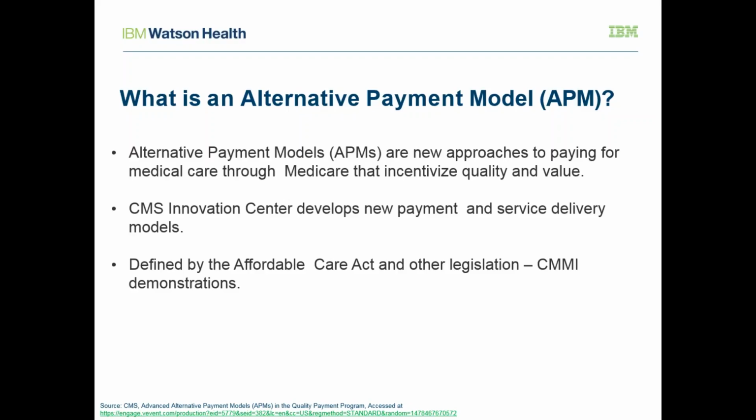Any of these programs have to be approved through the CMMI, the Innovation Center, and it also has to be defined by the Affordable Care Act, or an MSSP, or a statutorily required demonstration project, because there are demonstration projects out there that are required for regional areas to participate in.